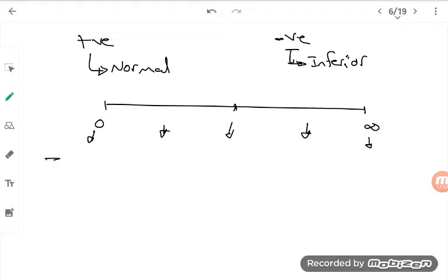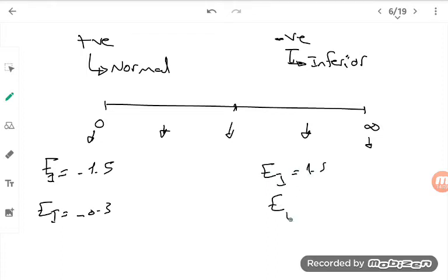So if you calculate income elasticity of demand, and you find it negative 1.5. Negative sign stands that the commodity is inferior, while the 1.5 stands that the demand is elastic.